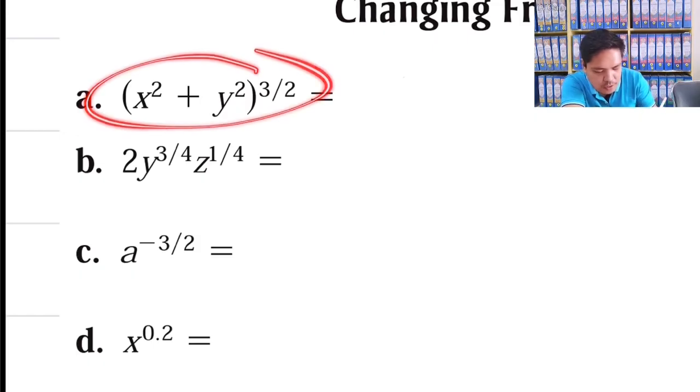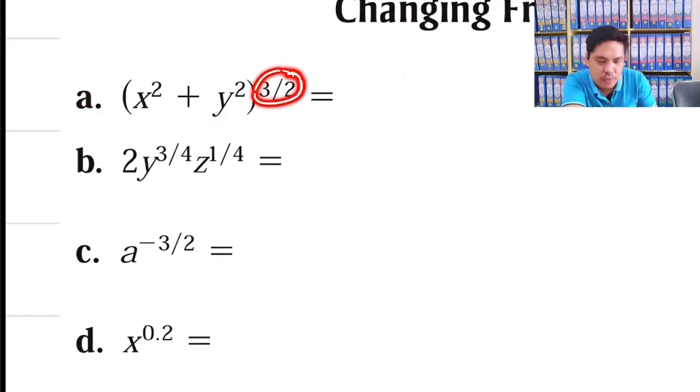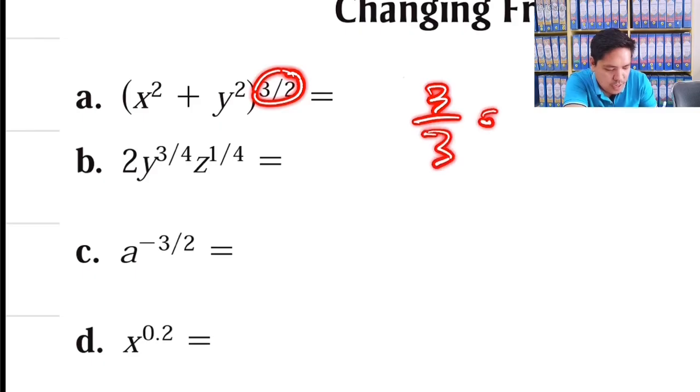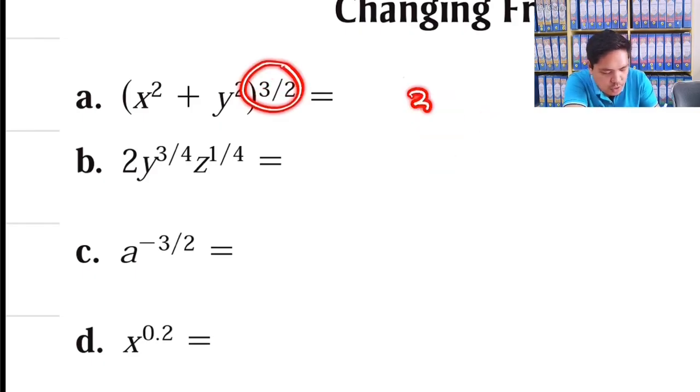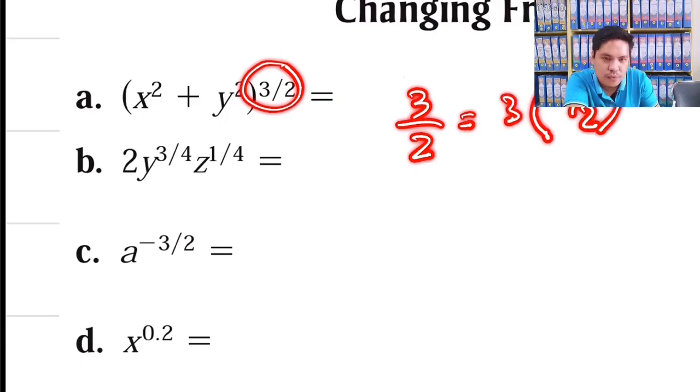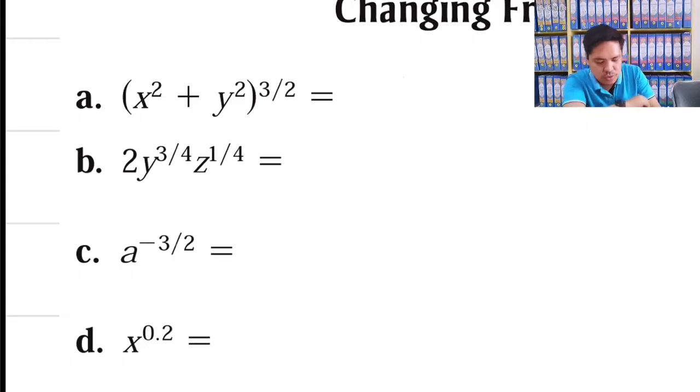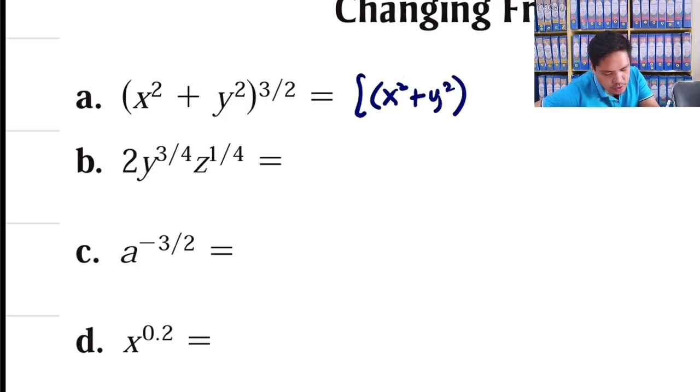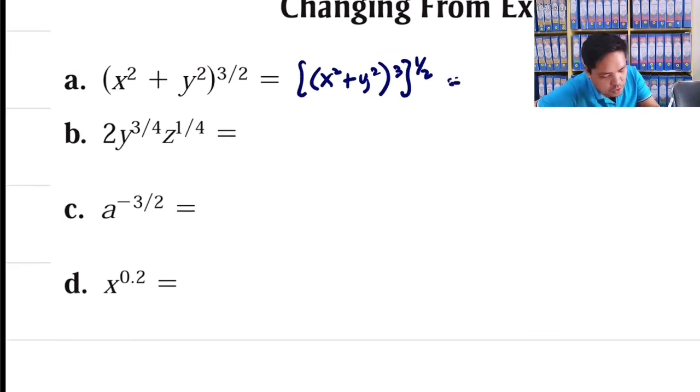For letter A, we can look at 3/2 as 3 times 1/2, right? So we could rewrite this as the quantity x squared plus y squared raised to 3, raised to 1/2. In radical form, that is just the square root of x squared plus y squared, cubed.